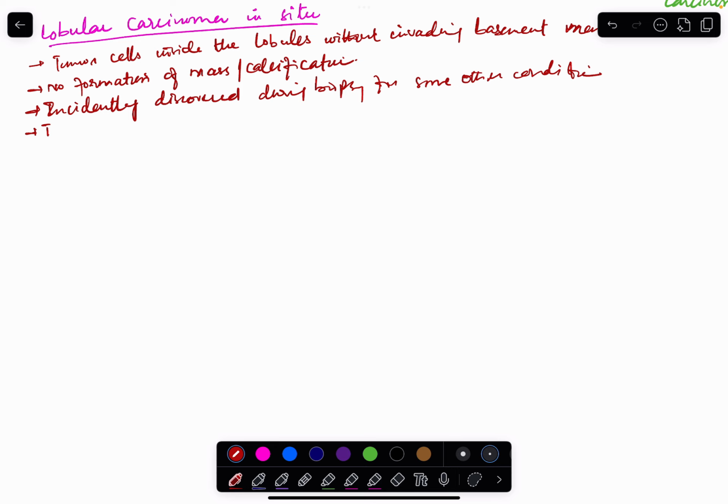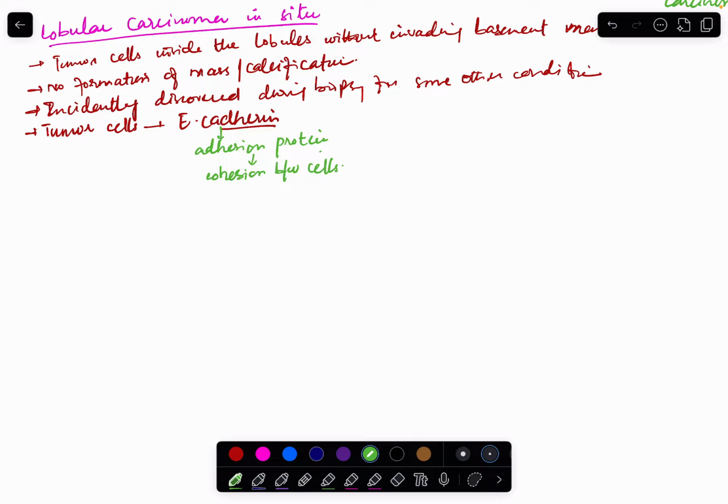Tumor cells which are present in lobular carcinoma lack E-cadherin. And what is E-cadherin? E-cadherin is an adhesion protein that is responsible for the cohesion between cells. So tumor cells lack E-cadherin.